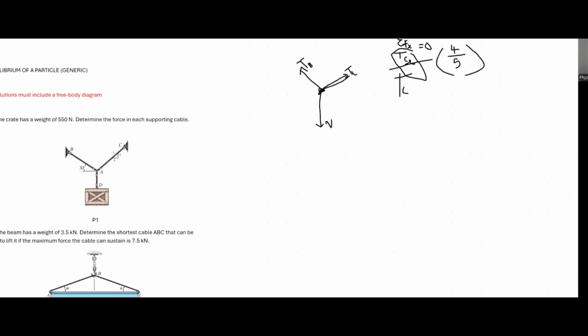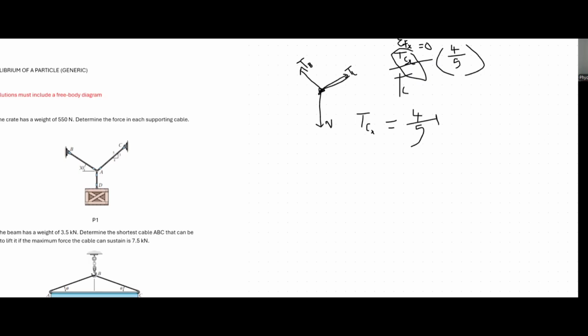So when we multiply this side by TC, TC and TC will cancel each other. So TCX equals 4 over 5 TC.